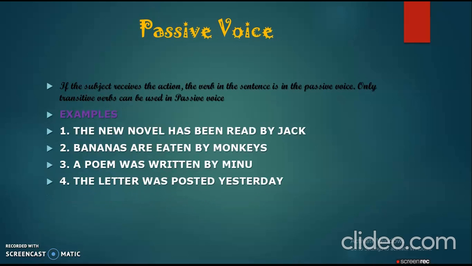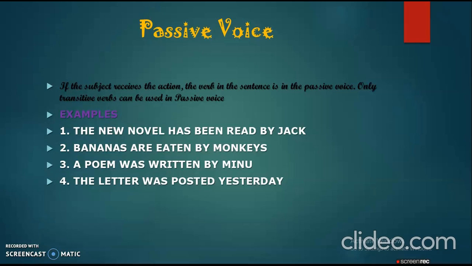Now, what is passive voice? Here, if the subject receives the action, the verb in the sentence is in the passive voice. Only transitive verbs can be used in the passive voice. So whenever we are using the passive voice, the subject receives the action and transitive verbs must be used.